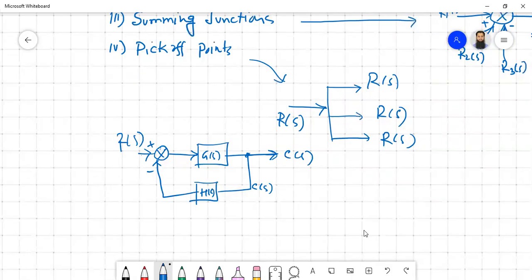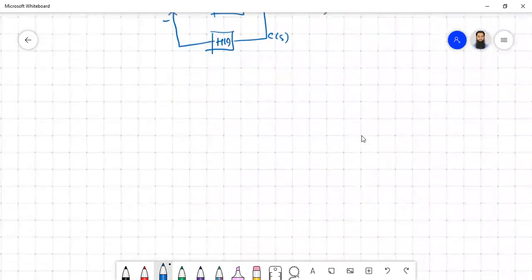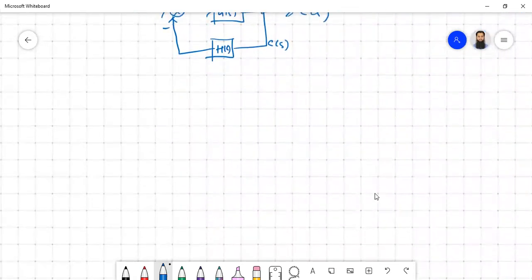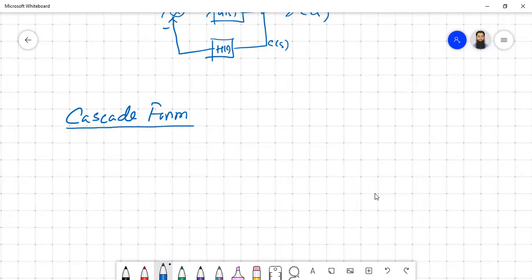Now let us start with some common forms that we have in the case of block diagram reduction. The first form that we have is called the cascade form, or multiplication form. Say for the cascade form, we have a pattern like this.